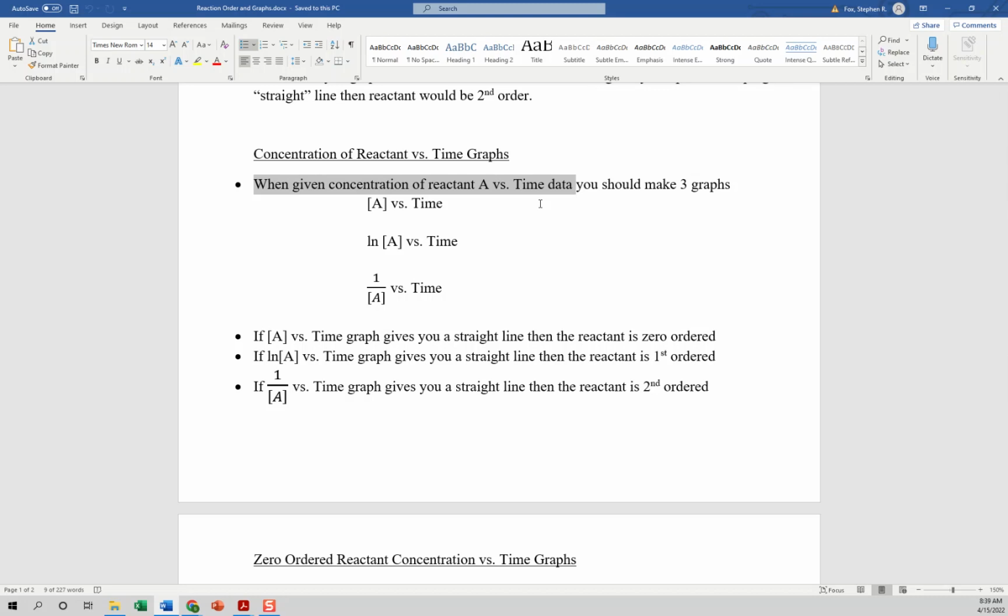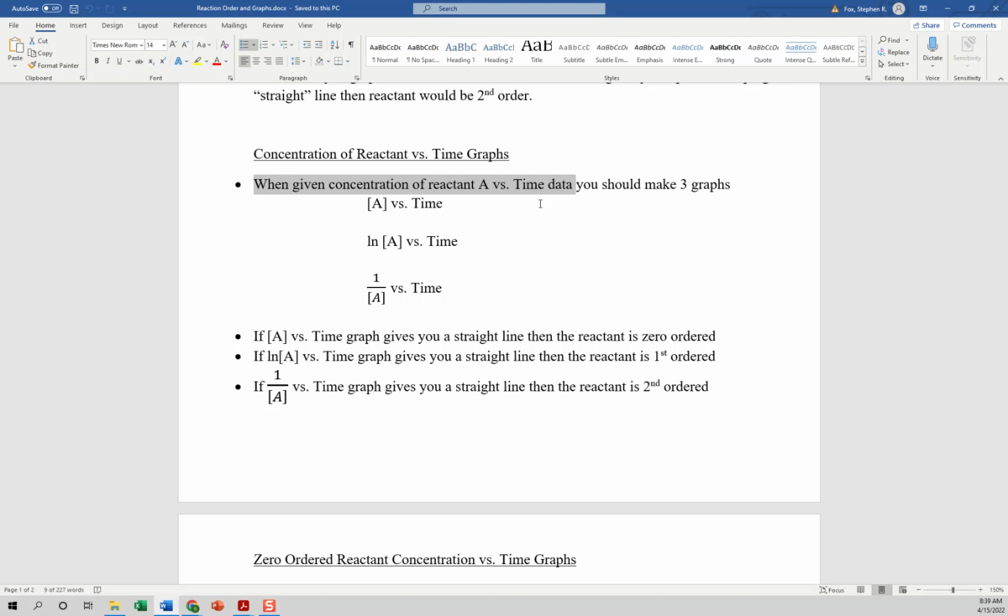A lot of times you're given concentration versus time, and that's easy, because the integrated rate laws use the brackets notation. Technically the numbers you plug into the integrated rate laws are molarities, or concentrations. So the thing you want the most when studying kinetics would be molarity versus time data.